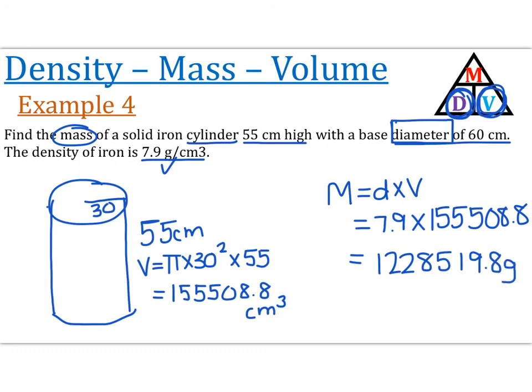Now that is in grams, because in the earlier question, the density was given in grams. So if I want, I could turn that into kilograms by doing divide by 1000. That's possibly a good idea. So the answer we're going to get is 1,228.5 kilograms.